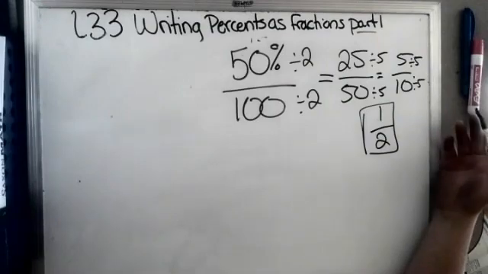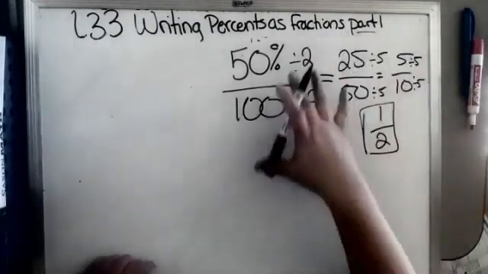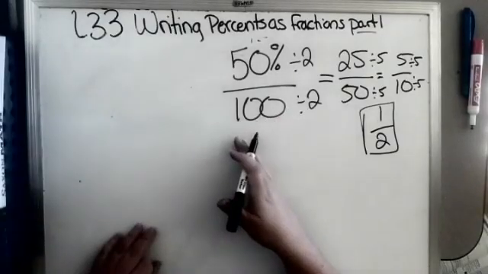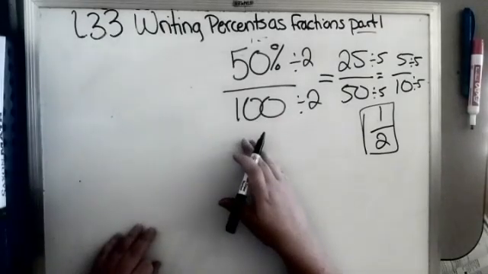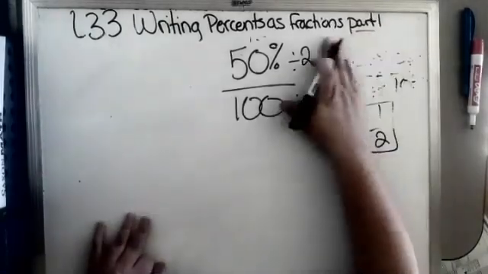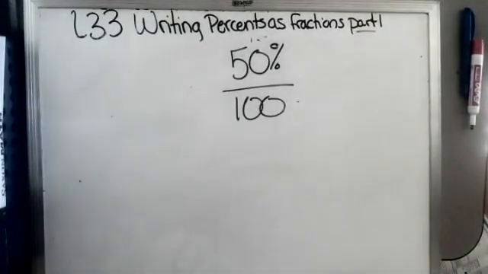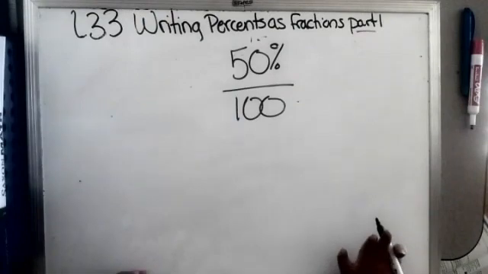Now, if I didn't want to go through all that rigmarole, I could have, from the very beginning, used larger numbers. So instead of going with the 2's, I could have said, okay, let's take a look. 50 and 100, both are even. I could divide by 2, but both also are divisible by 10 because they both end in 0.